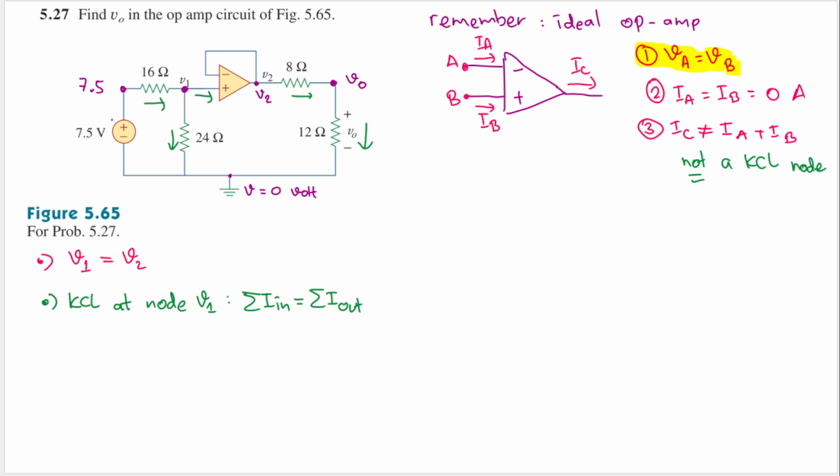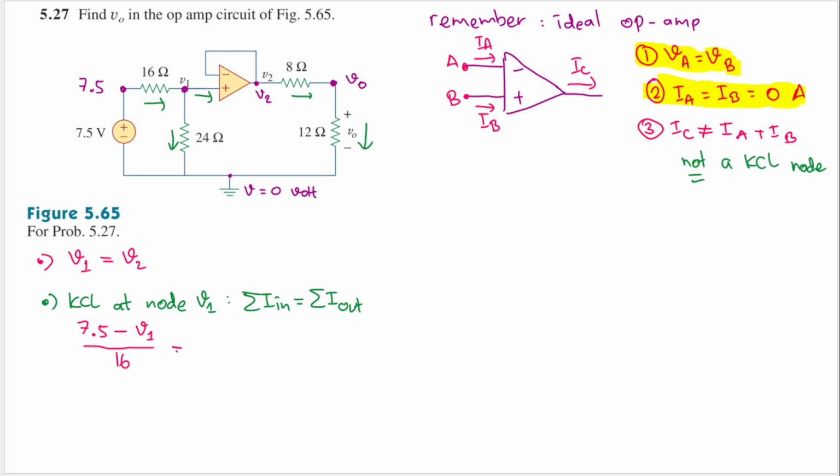Then this one here, I will have 7.5 minus V1 divided by 16. And then the current that goes into the op-amp will be equal to 0 from the second property of the ideal op-amp, so this current will be 0.